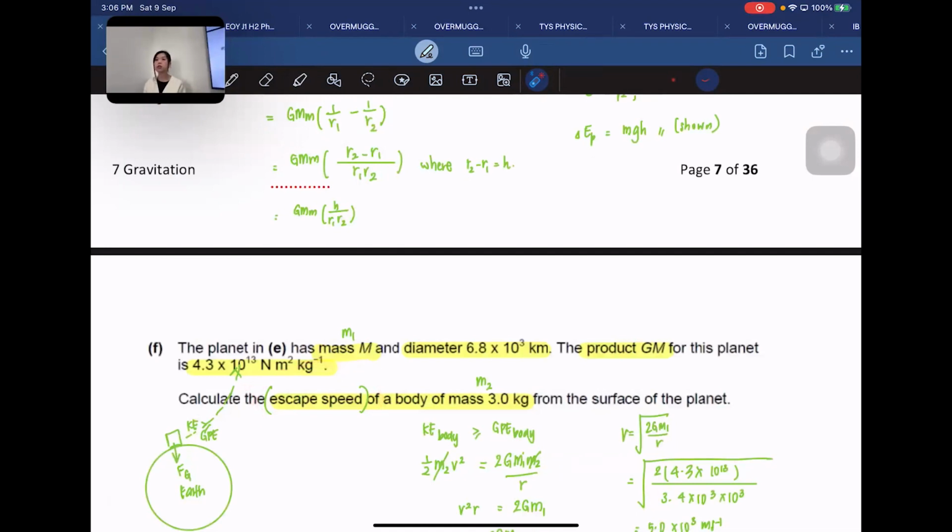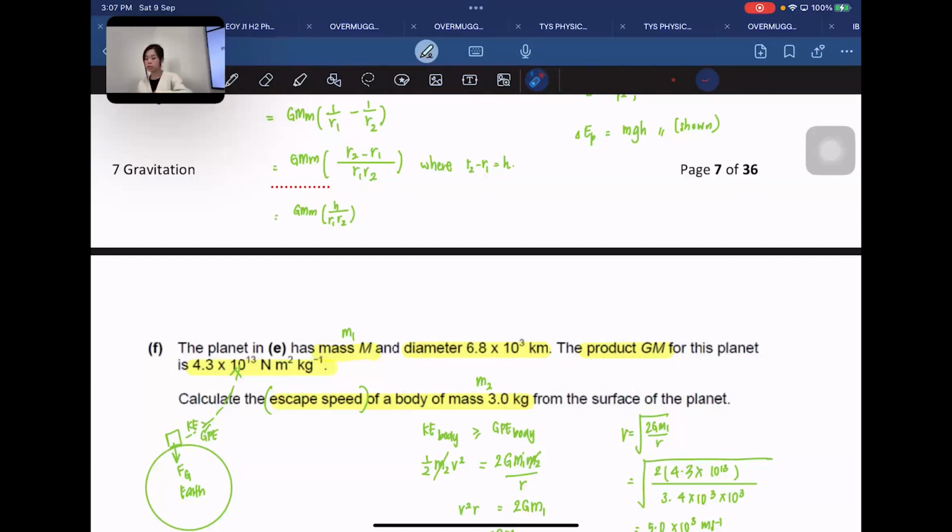So this one you will learn again when we look at the application, but generally when we think about escape speed, think about kinetic energy. So how much kinetic energy must my object possess in order to escape from my planet? To escape from a planet means what? To no longer be in the gravitational effect of that planet.